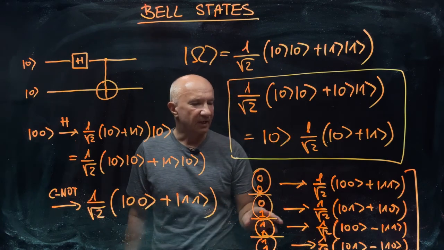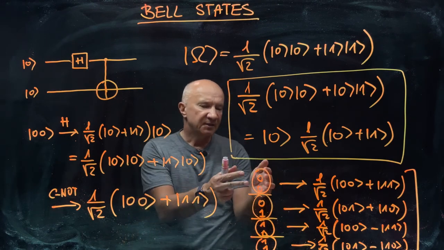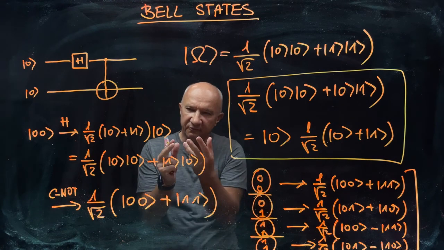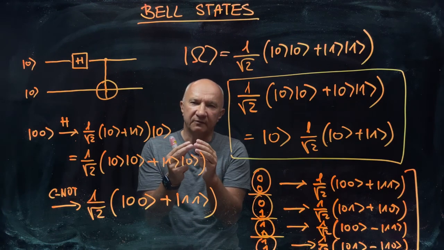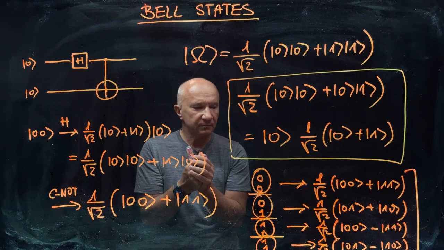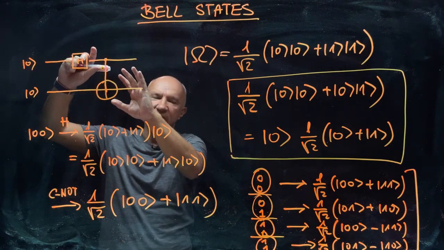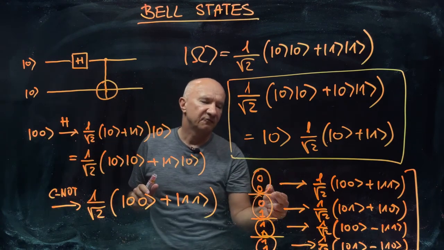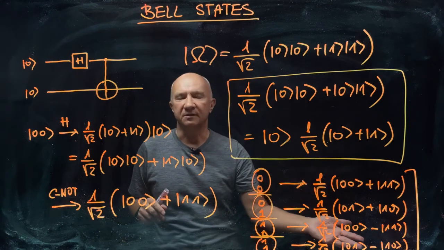But every now and then we will use this one. You can see we started with computational basis 0, 0, 0, 1, 1, 0, 1, 1. So 4 basis vectors in the tensor product Hilbert space pertaining to 2 qubits. And we applied a unitary operation, which is constructed from the Hadamard and control NOT gate. That rotated the 4 basis vectors into something that we call the Bell basis.